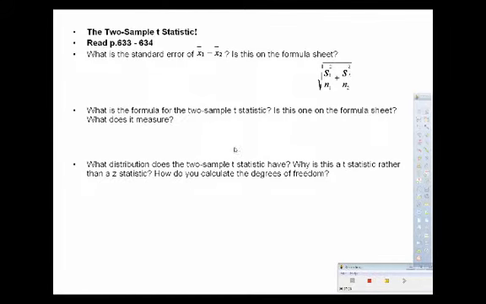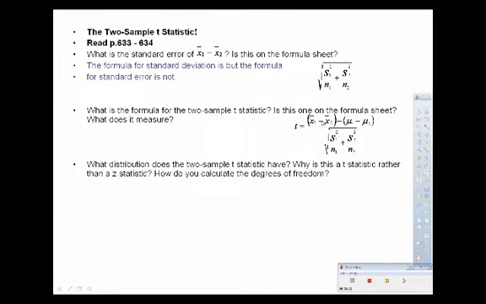What is the formula for a two-sample t statistic, is this one on the formula sheet, and what does it measure? It's the difference in your sample means minus the difference in your population means, over the square root of your first sample variance over the first sample size plus the second sample variance over the second sample size.